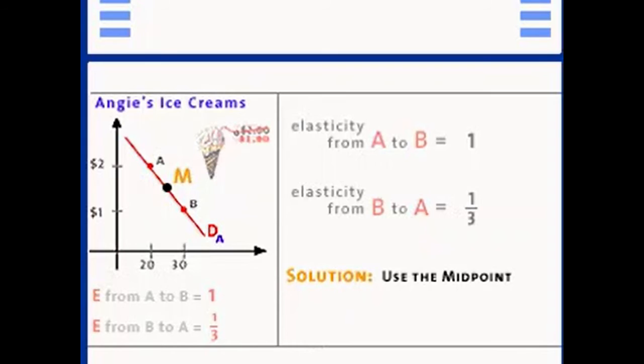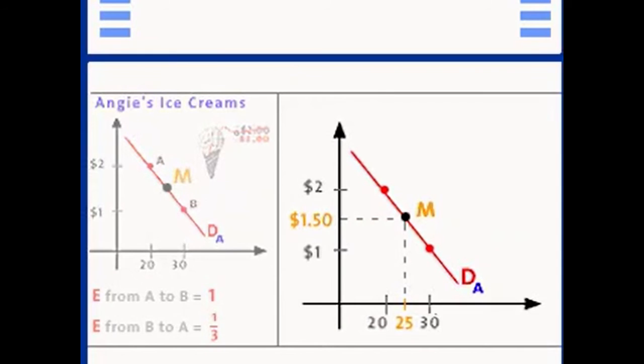The midpoint quantity will be 20 plus 30, which is equal to 50, divided by 2 equals 25. Now, calculate the elasticity of demand for Angie's ice cream store as you move from a price of $2 down to a price of $1.